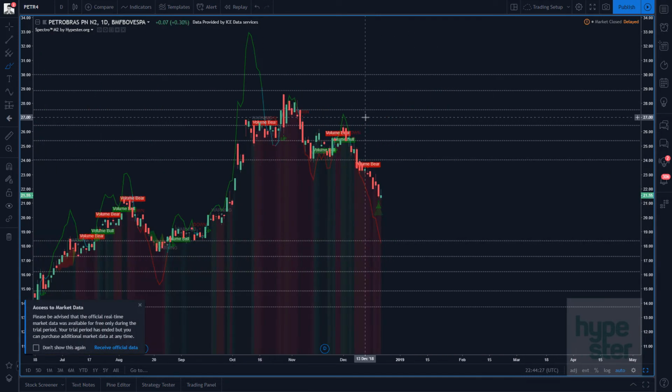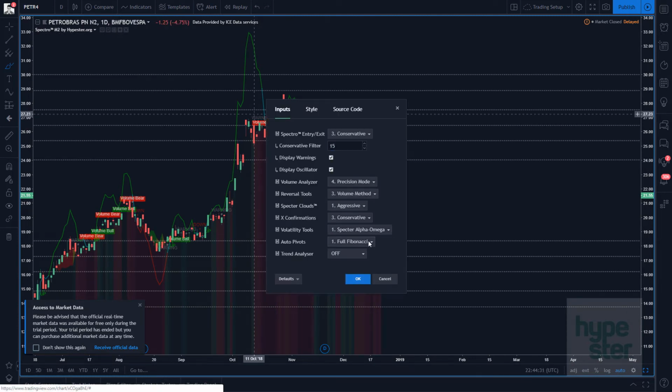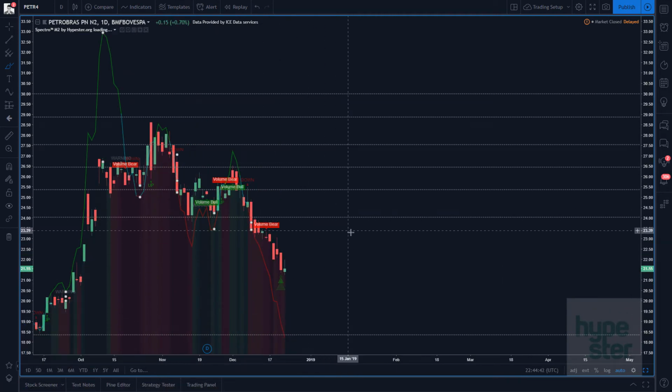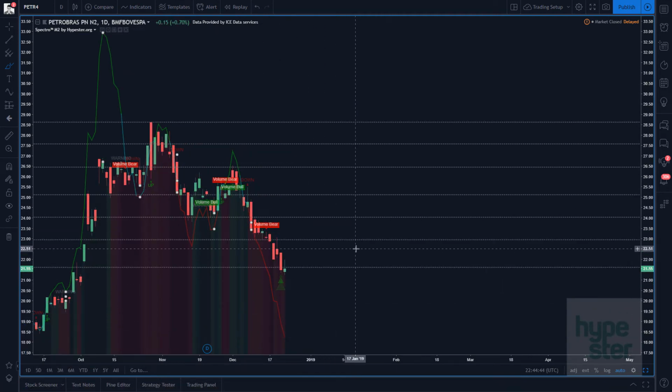Okay, so the full Fibonacci is a kind of long-term thing. When we're talking about a shorter-term thing, I encourage you to use adaptive Fibonacci. Okay, why? Because it takes into consideration a closer time frame. So it tells you about data that is closer by.